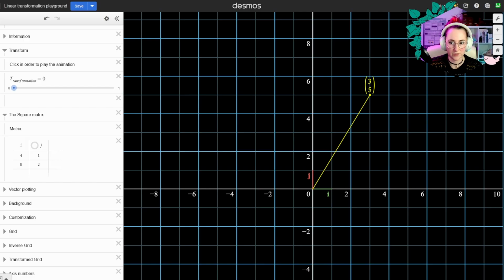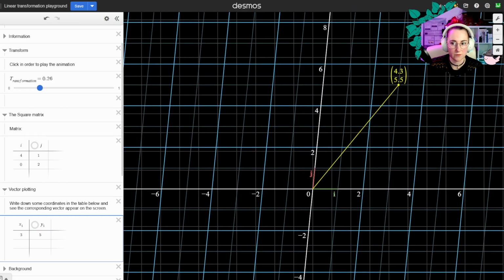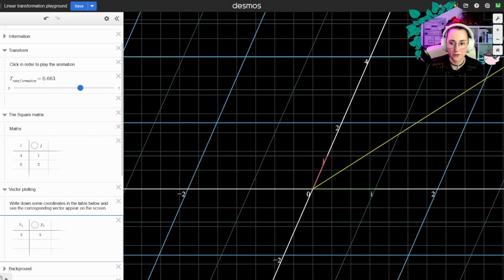Okay, so I have my vector (3, 5). I've got a feeling this is going to go completely off the grid. And what I have here, when we're doing these transforms, this is the matrix. So I, J, and I've got 4, 1, 0, and 2. And the vector is (3, 5). Then what we should get as we rotate this is it flies off the page.